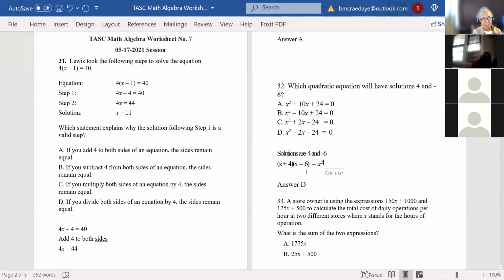x times minus 6 gives you minus 6x. That's it, minus 6x. So when you say x times minus 6, I'll just write it here, equals minus 6x, right?